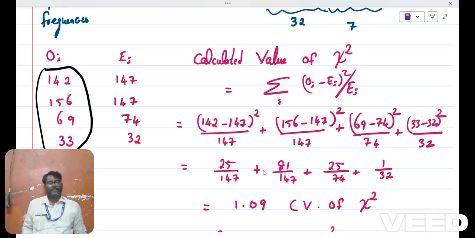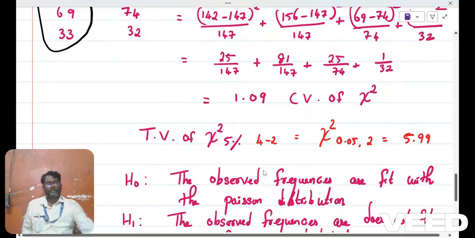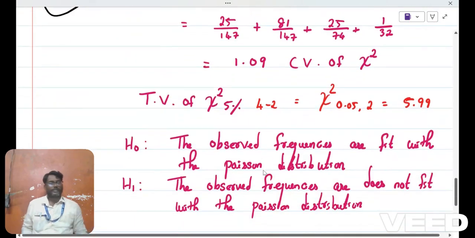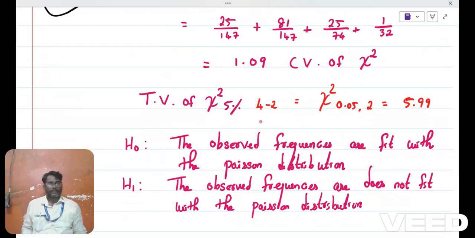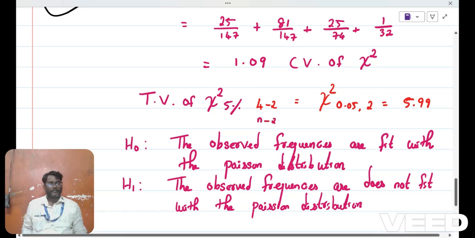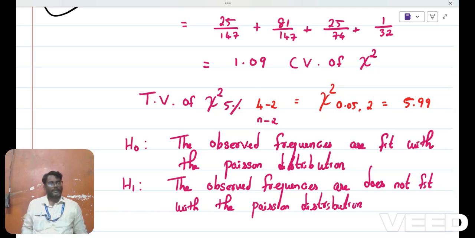So n is equal to 4, and the formula is n minus 2. So we get chi-square at 0.05 with 4 minus 2, that is 2 degrees of freedom. We get the value as 5.99.